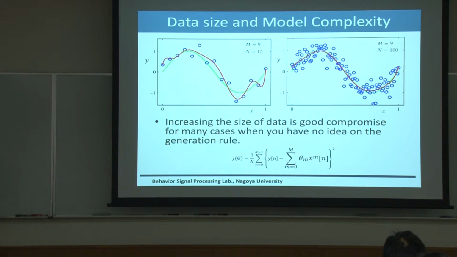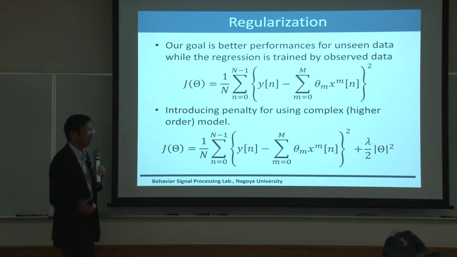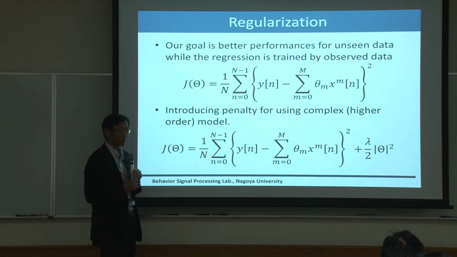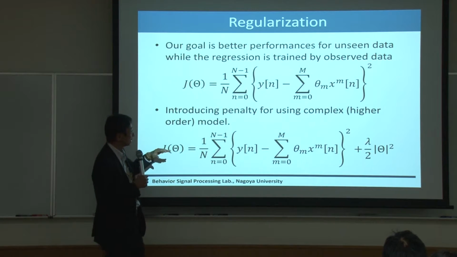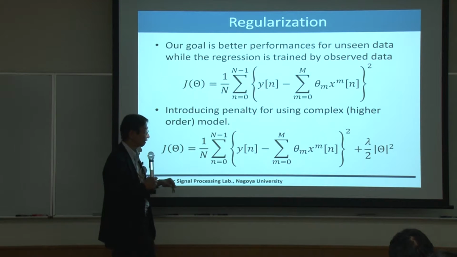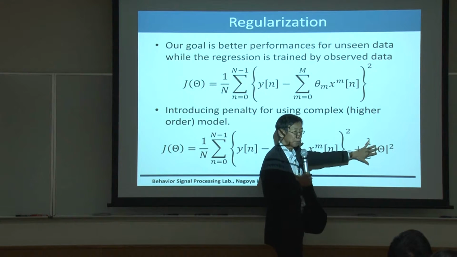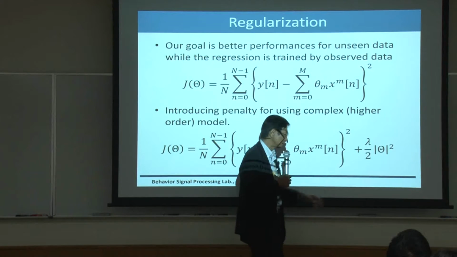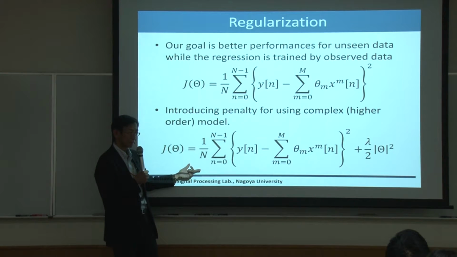The second idea is a more sophisticated idea, that is regularization. I know some of you are already familiar with this idea, regularization of the system. It is very simple, again. We add one term here to the original measure of the goodness.